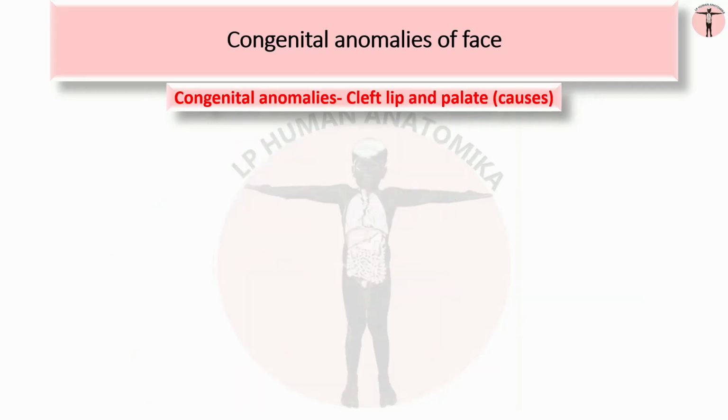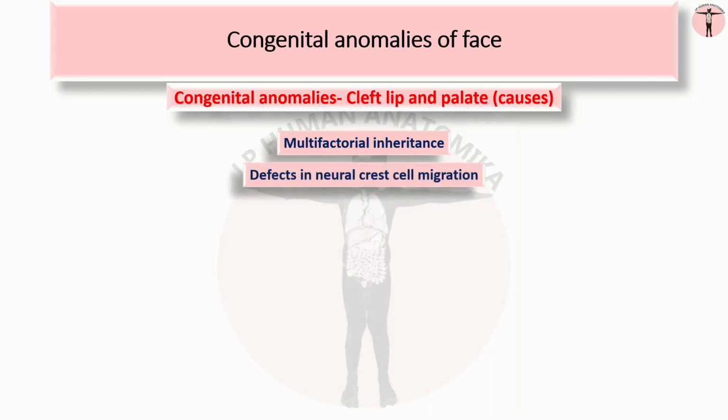The causes of cleft lip and palate are not well known. Some of the causes are as follows. Most clefts of the lip and palate result from multiple factors called multifactorial inheritance. Then defects in the neural crest cell migration.